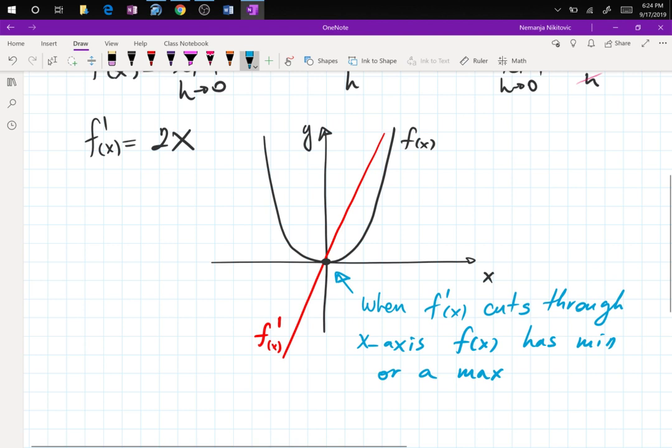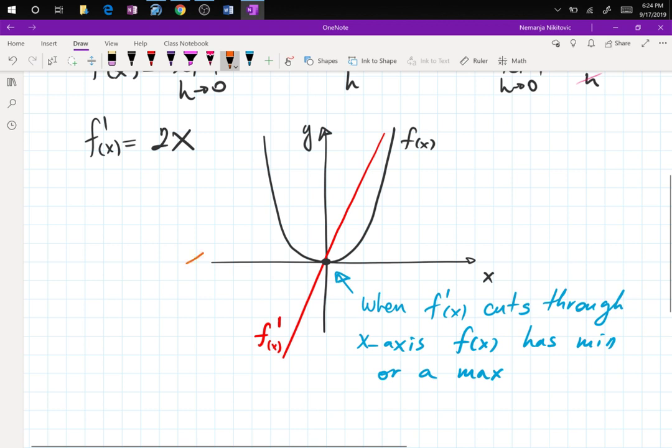Bye. All right, so one of the features is this. The next feature involves looking at, again, f prime and f of x at the same time, realizing, let's go on the right-hand side.